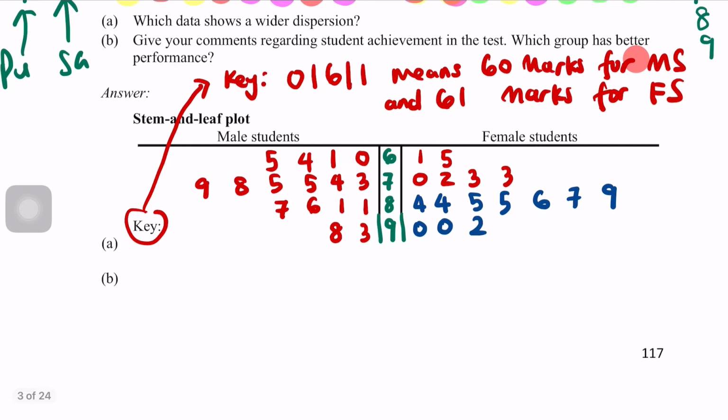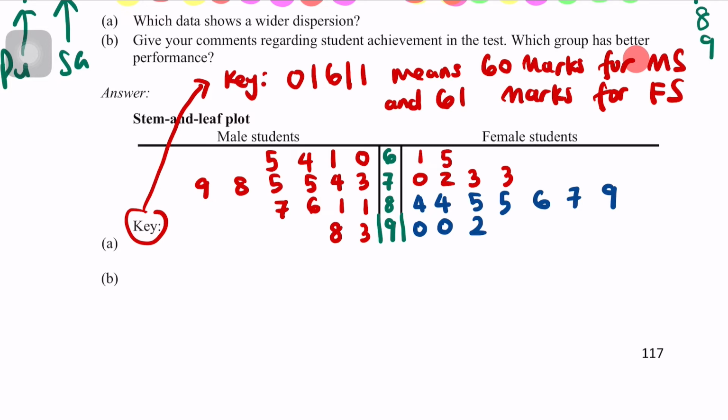Okay. So next, then we can answer the first question. Which data shows a wider dispersion? Mana data yang terserak lebih jauh? So nak tahu data yang terserak lebih jauh, kita kira difference. We need to calculate the difference in order to know which data shows a wider dispersion.